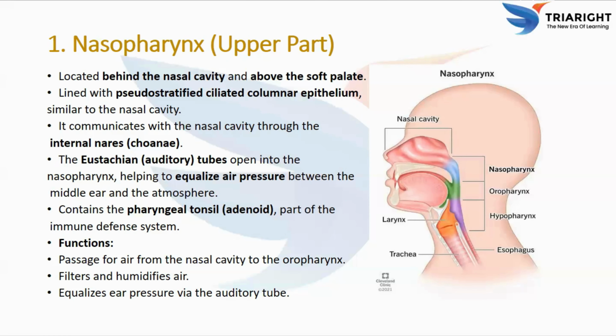So what are the divisions of the pharynx? Pharynx is divided into three regions. What are they? Nasopharynx, oropharynx, and laryngopharynx, which is also called hypopharynx. Nasopharynx means behind the nasal cavity, oropharynx behind the mouth, and laryngopharynx or hypopharynx is near the voice box, leading to the esophagus and trachea.